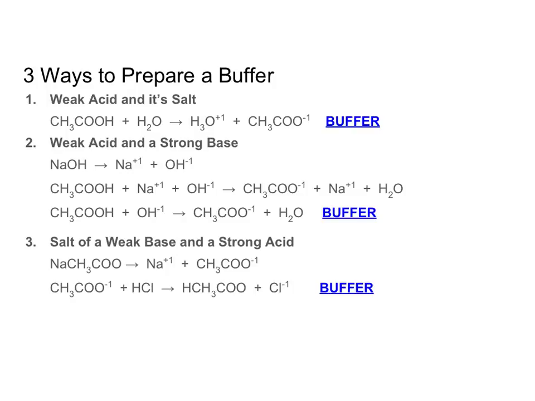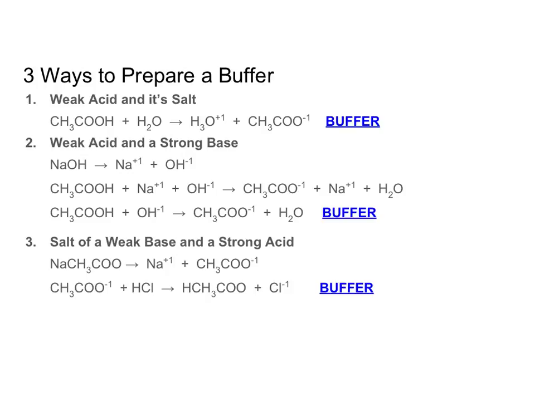You should know that the 3 ways to make a buffer are the combination of a weak acid and its conjugate base salt. You should know, you don't have this slide, sorry, that if you take a weak acid and a strong base, it will make a buffer. And you should know that the salt of a weak base and a strong acid will make a buffer. Do you need to copy all of this down? Probably not. You should probably know, though, the 1, the 2, and the 3. The stuff below is like the example.